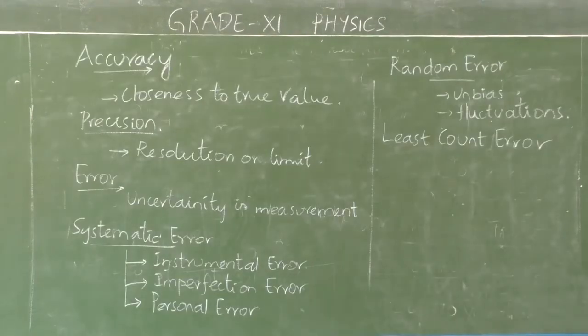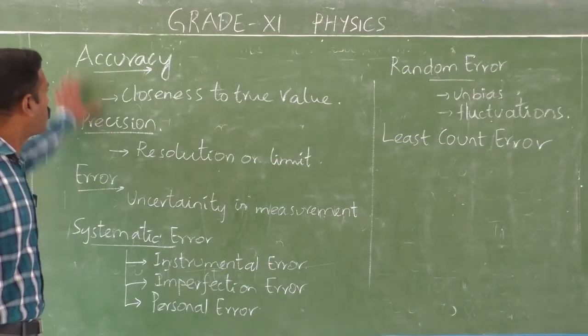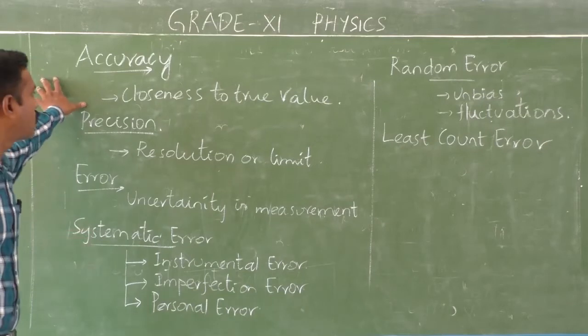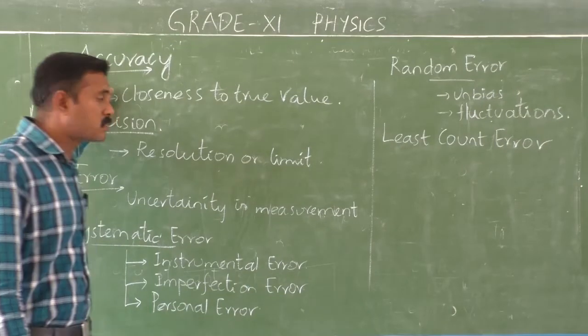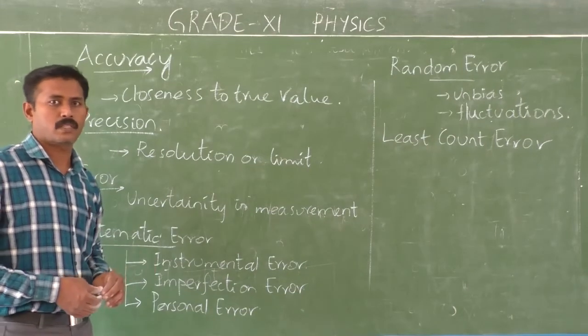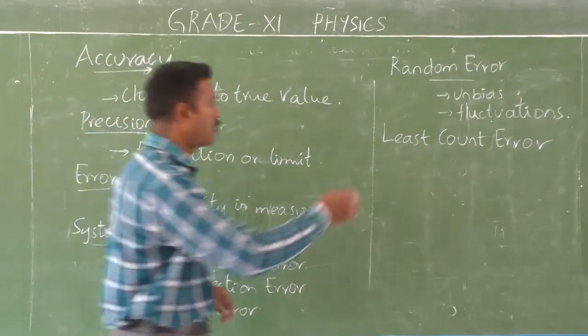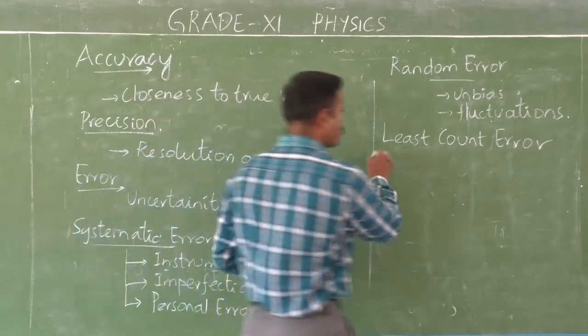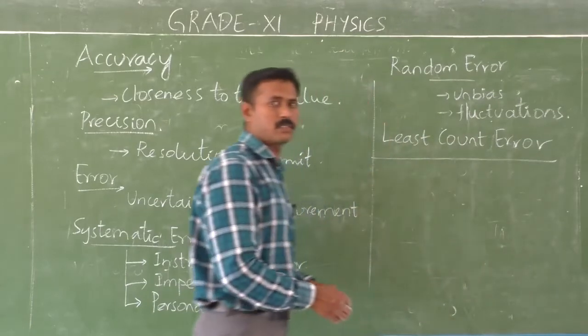Next we go on to accuracy. What is accuracy? For any measurement, we see how far the measured value is accurate. For example, I show you this spot, and you consider this spot for all the examples.